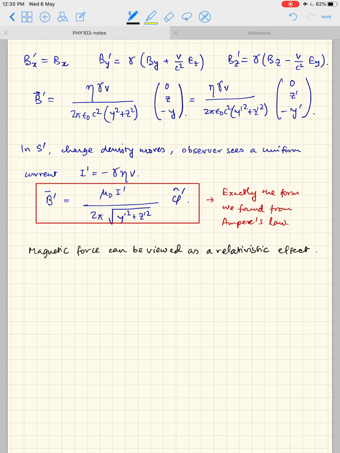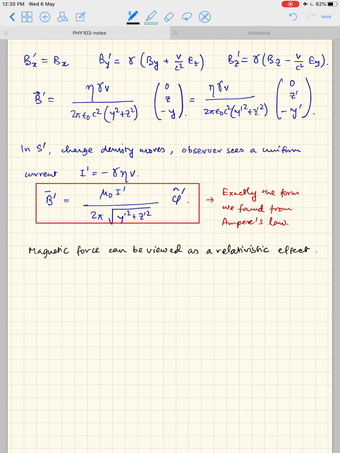And we see that under Lorentz transformations, seemingly you can get what you would have got from Ampere's law just by looking at Gauss's law and doing a Lorentz transformation.